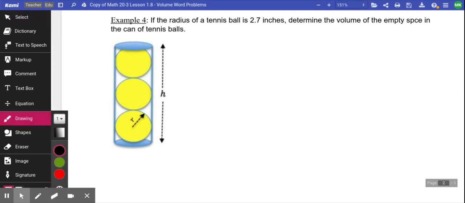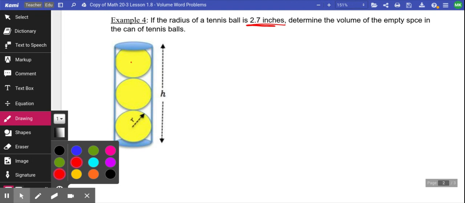If the radius is 2.7, that's from the middle of a tennis ball to the edge. So you just calculate one and then times that by 3. You could, yeah. The harder part is going to be the cylinder because they didn't give you any measurements for the cylinder. The height of the cylinder is going to be equal to all of those radiuses added up, right?